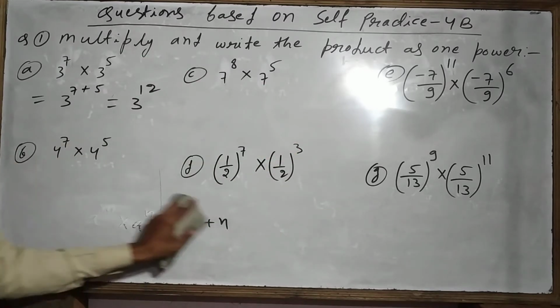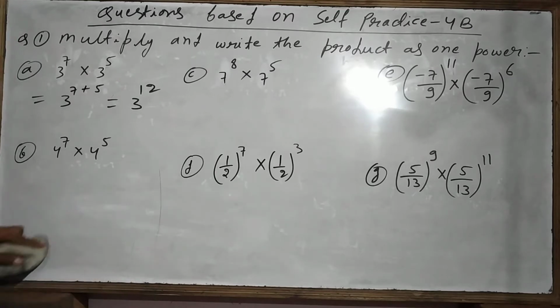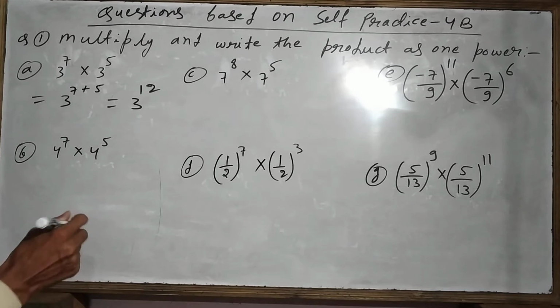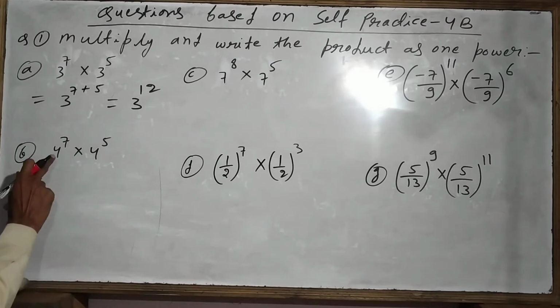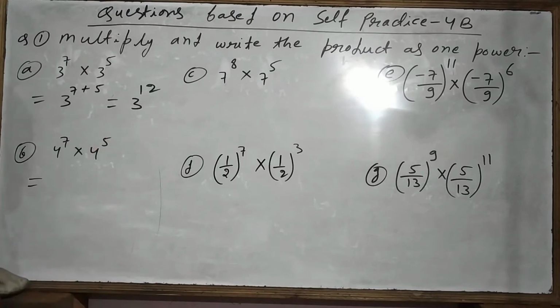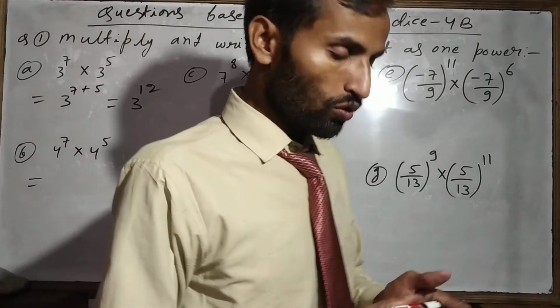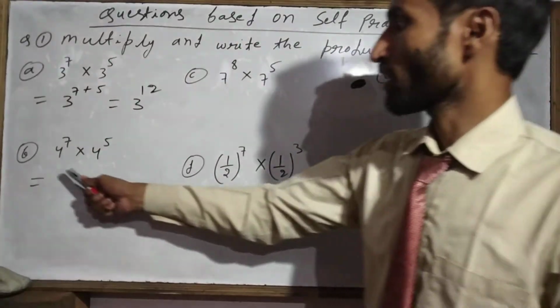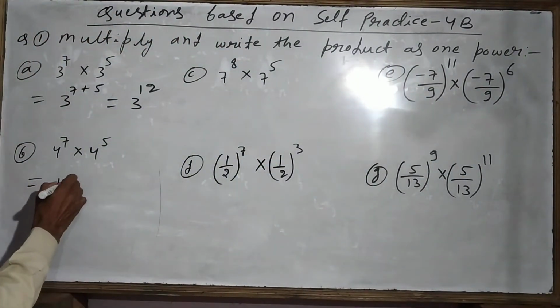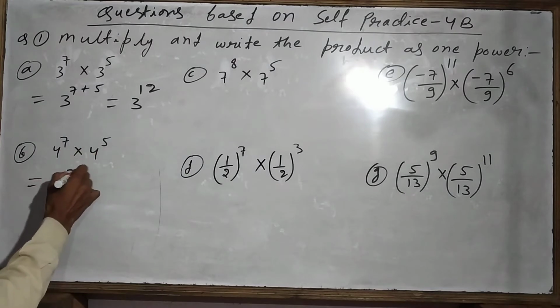Next one, just you see here, again 4 power 7 into 4 power 5. The base is 4 here and also here, and the power is different. Here multiplication is given, so we will add both the powers. So 4 power 7 into 4 power 5 will come 4 power 12, 7 plus 5 like this.